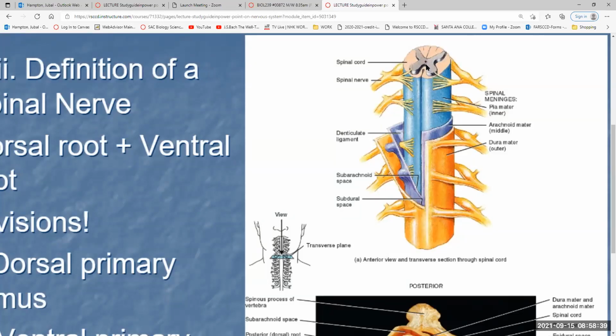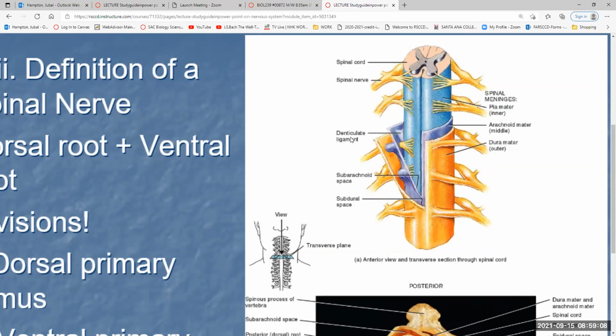Gray matter is cell bodies and unmyelinated fibers. White matter is myelinated fibers. So it's in the white matter that we're going to see the tracts that are traveling. In the gray matter, we see all the cell bodies that are responsible for the function.